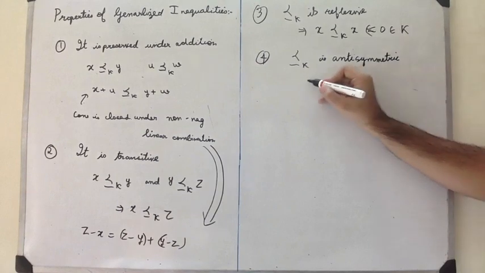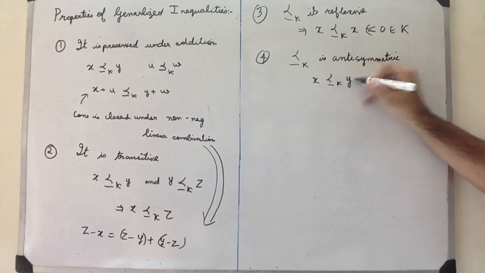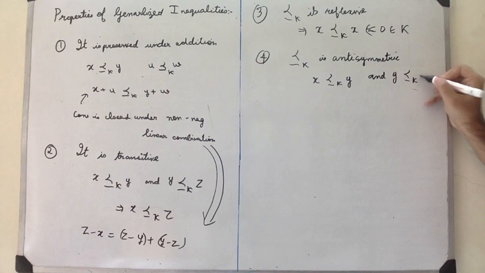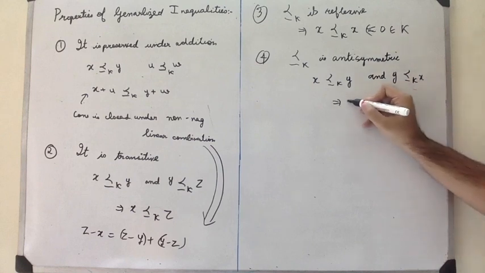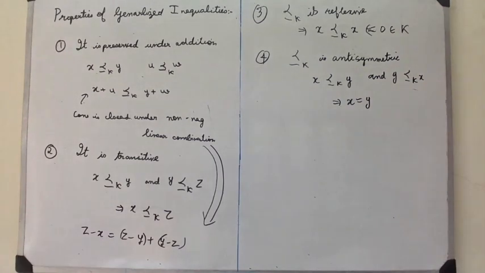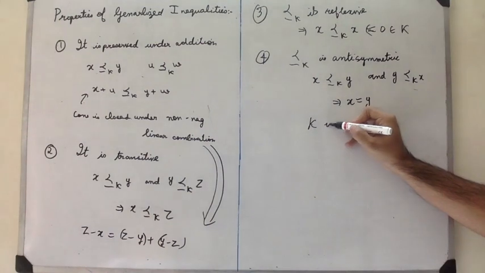So if x is less than or equal to y and y is less than or equal to x, this implies x equal to y. This property is because of the cone K being pointed.